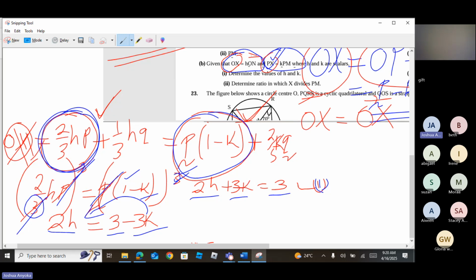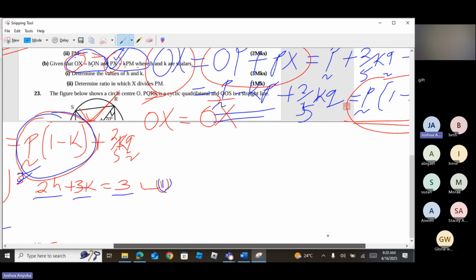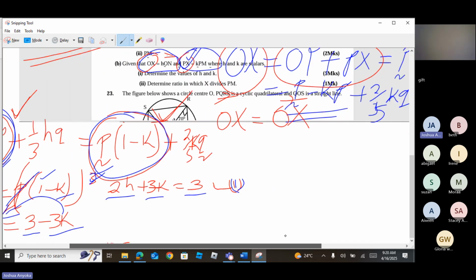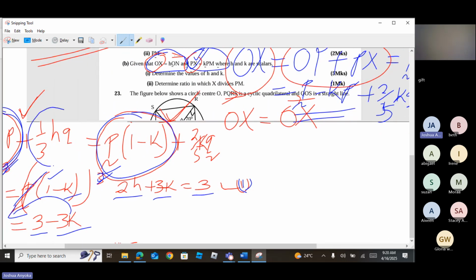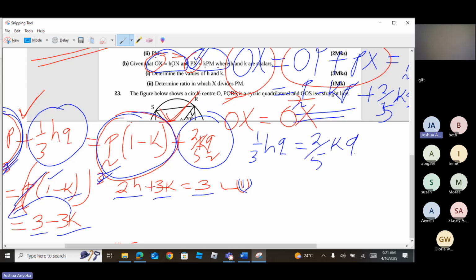We also equate the second one. We equate the one that has Q, H, and the one that has Q. So we have 1 over 3 HQ is equals to 2 over 5 KQ.